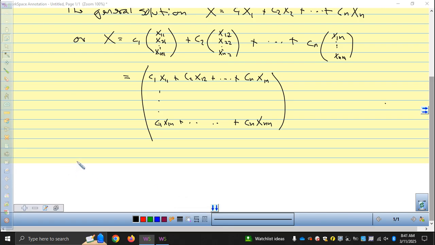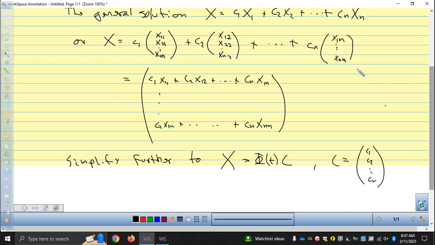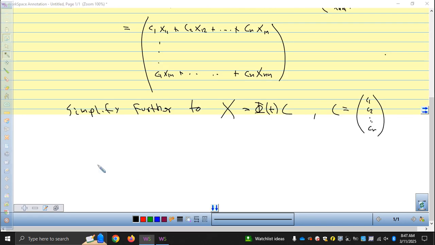And we can further simplify to x equals a new matrix, capital Phi of t, times c, where c is the matrix of the constants, c1, c2, up to cn, and Phi of t is just the matrix of all of the individual solution functions.